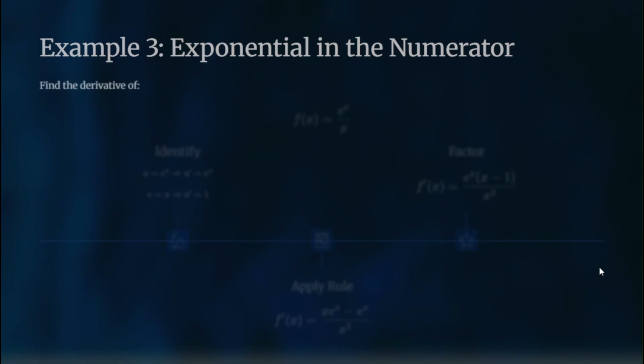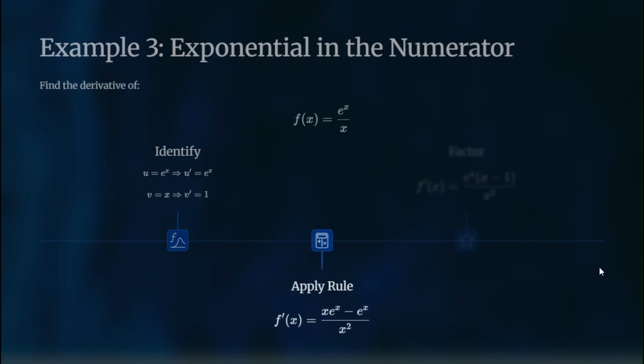Now let's find the derivative of f of x equals e to the power x over x. Identifying our components, u is e to the power x, and its derivative u prime is also e to the power x. V is equal to x, and v prime will be equal to 1.